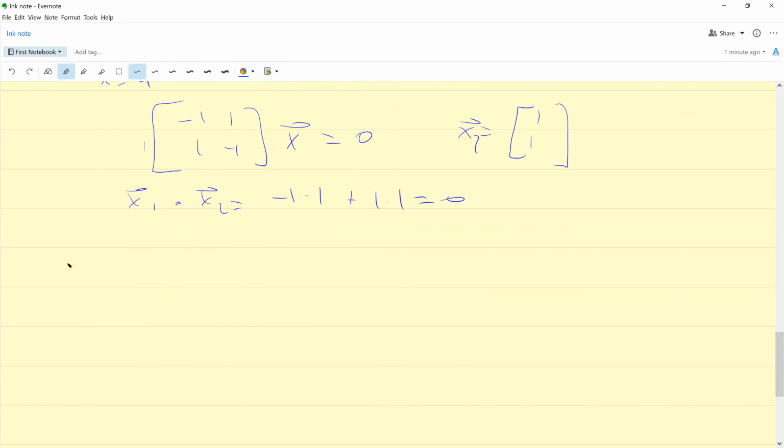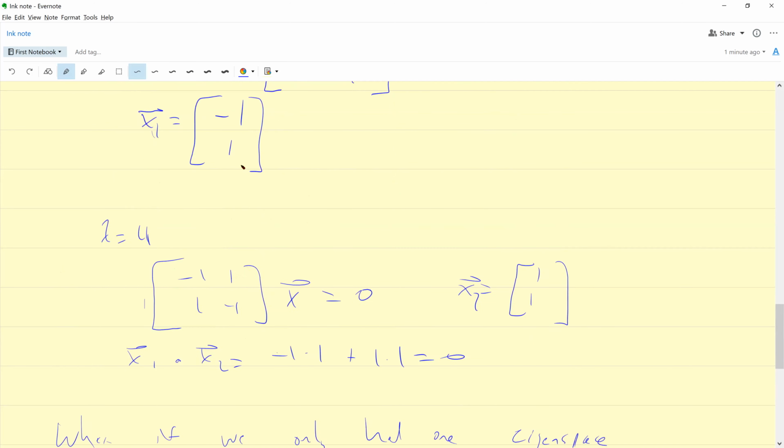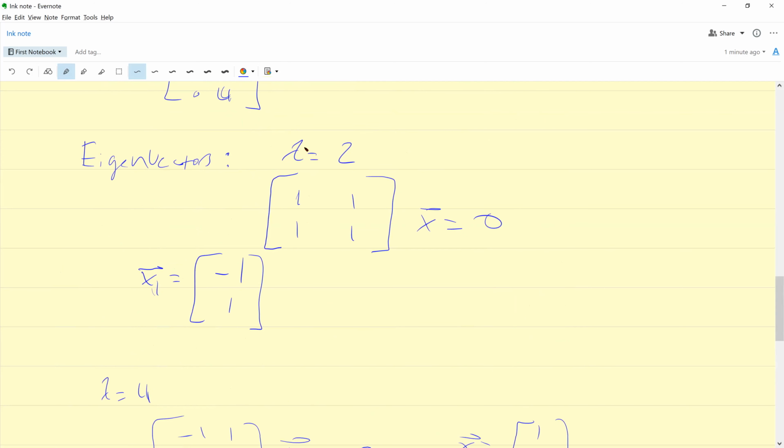So what would we do if we only had one eigenspace? Like, let's say we had just lambda equals 2, and some other eigenvector we had looked like, I don't know, maybe -1, 2, for example. What would we do then to get orthogonal eigenvectors?